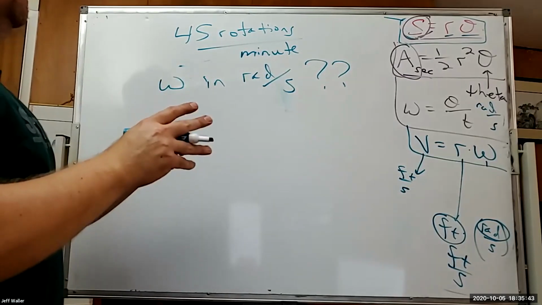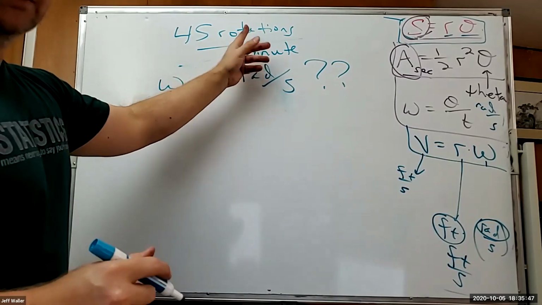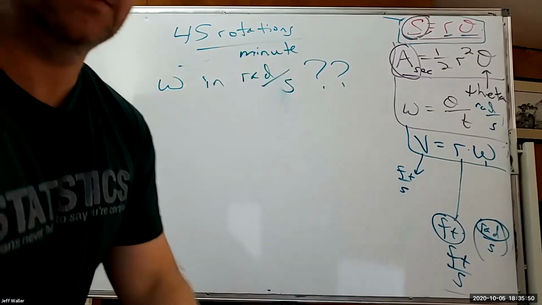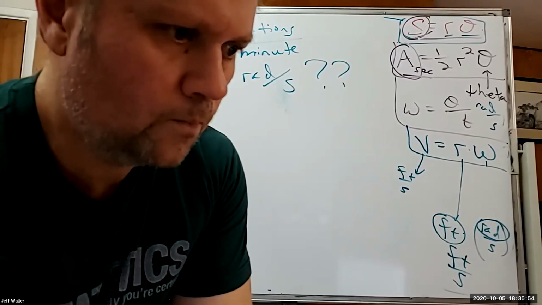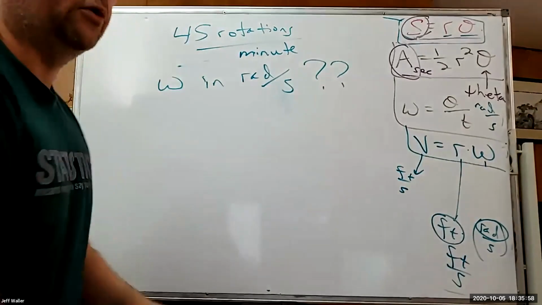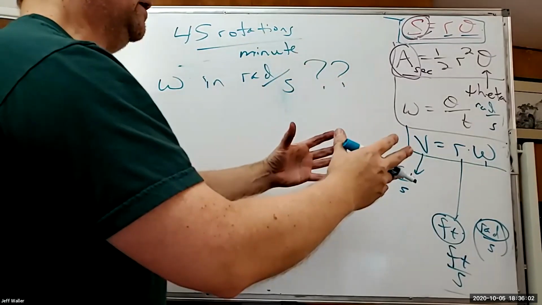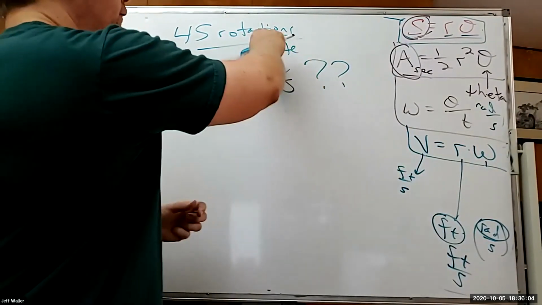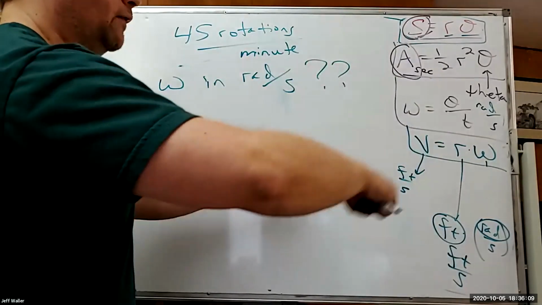So when you see this word, what does that mean? What's rotations? What does one rotation equal? 2 pi. 2 pi, kick ass. Not a big deal, right? One rotation is 2 pi. Now, in another problem, you might have to take into consideration the circumference of the thing.